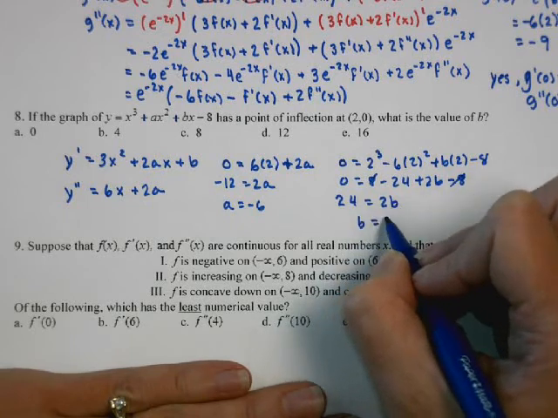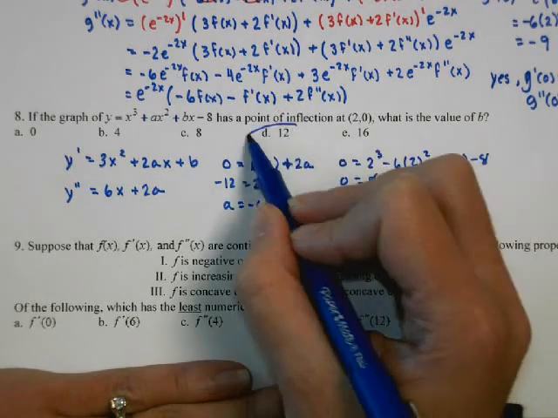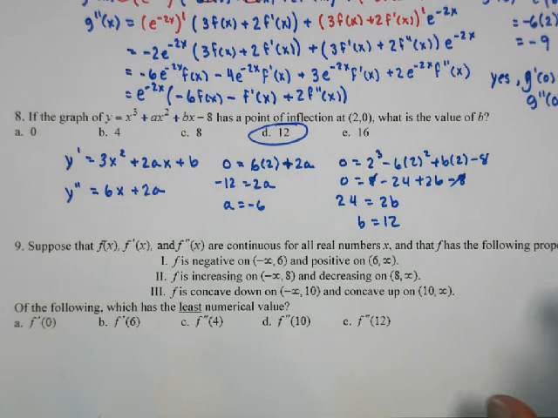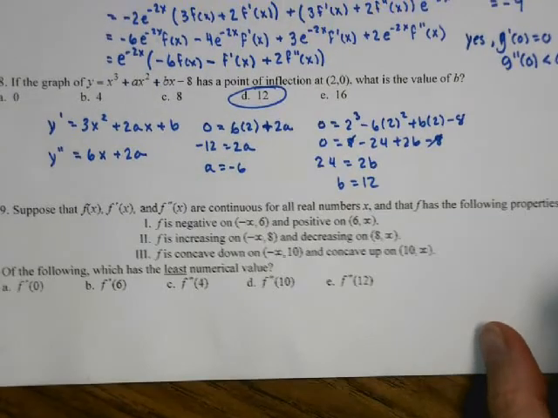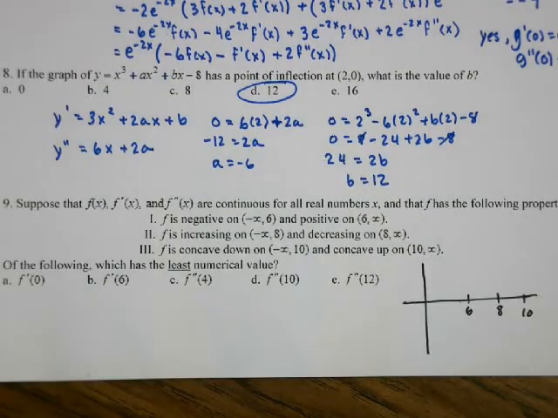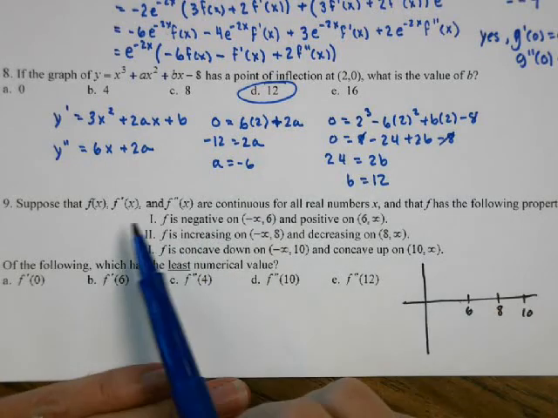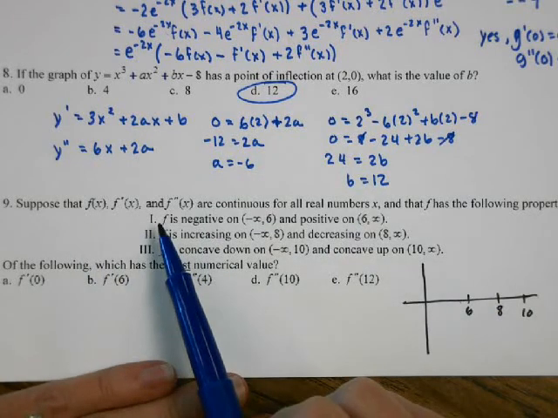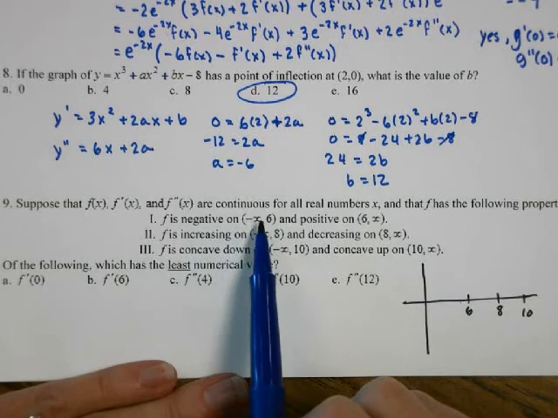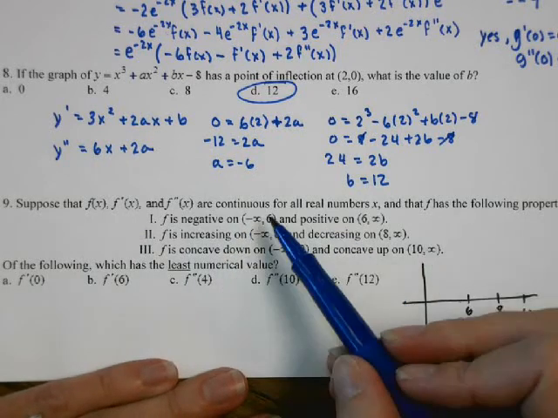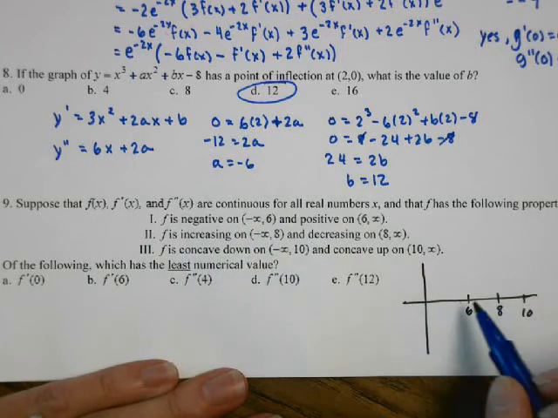All right, we're going to do one last one. This function here says f is negative on (0, 6). So I drew this graph because there are 3 points we're interested in: 6, 8, and 10. It's negative before we get to 6 and then positive afterwards.